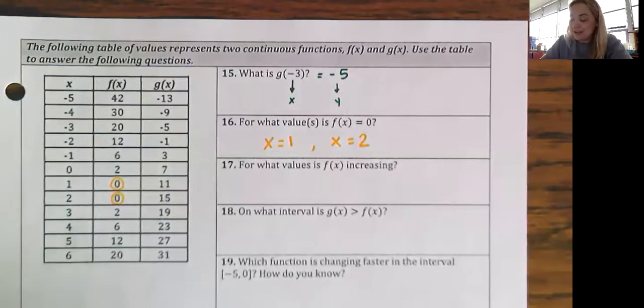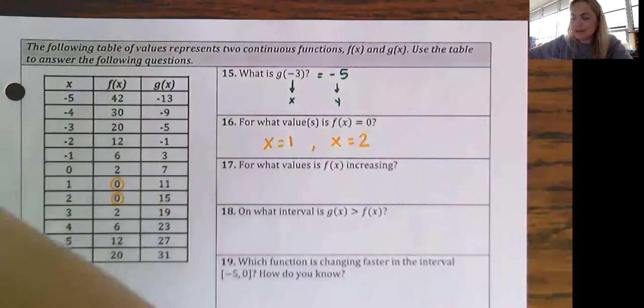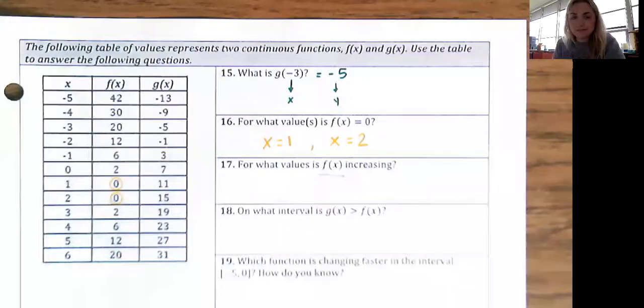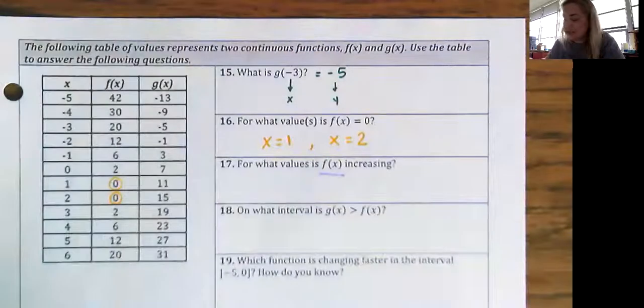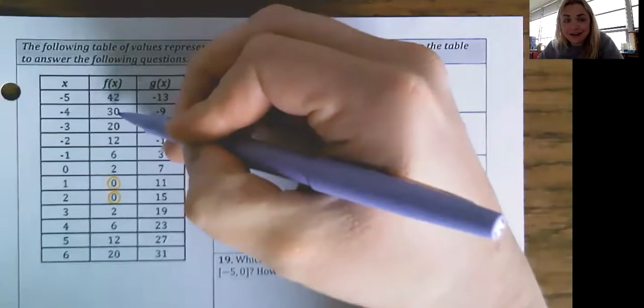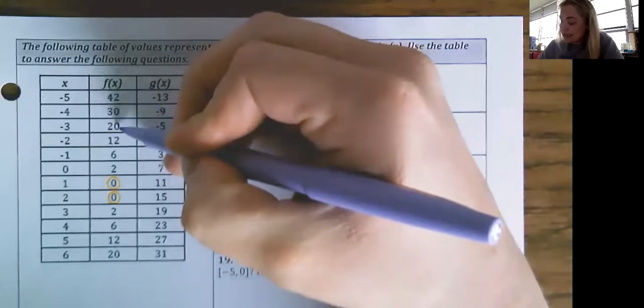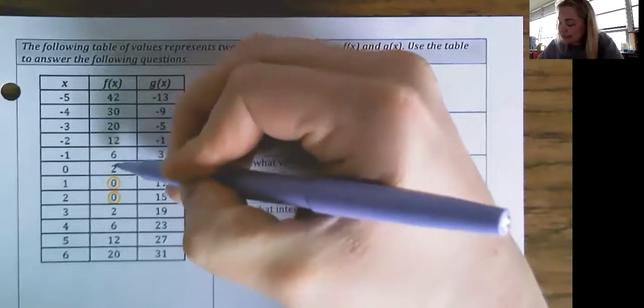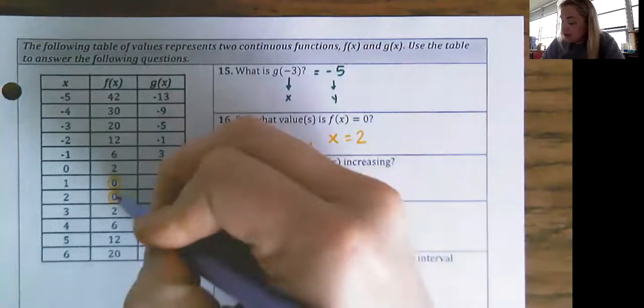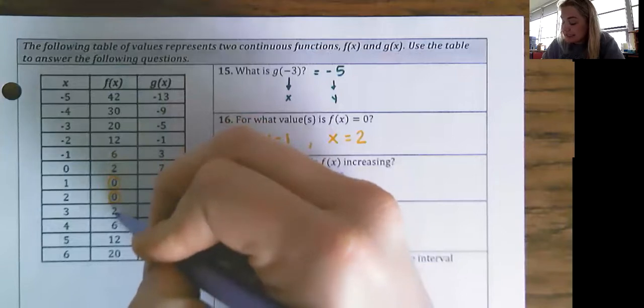All right, now problems like this always throw people off because you really have to kind of get out of your mind. When you think of increasing, you think of a graph. But on this one, we are only given a table of values. So we need to find when f of x, this column, is increasing. So we start at 42, we go down to 30. That is not an increase. 30 goes down to 20, down to 12, down to 6, down to 2, down to 0, stays at 0. But then it goes from 0 to 2, and that's an increase.